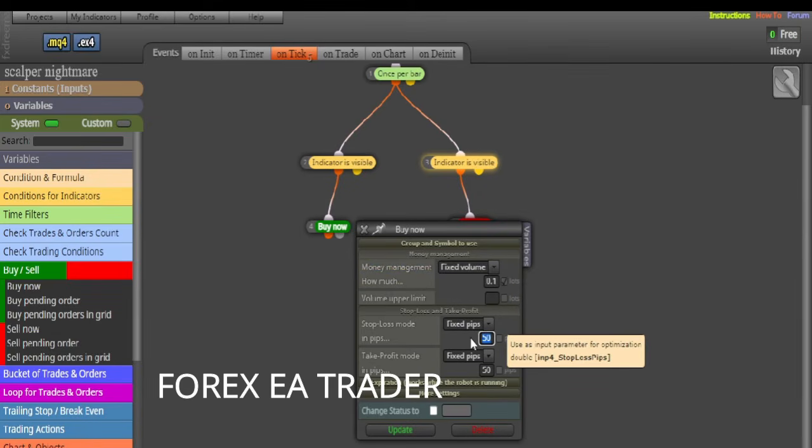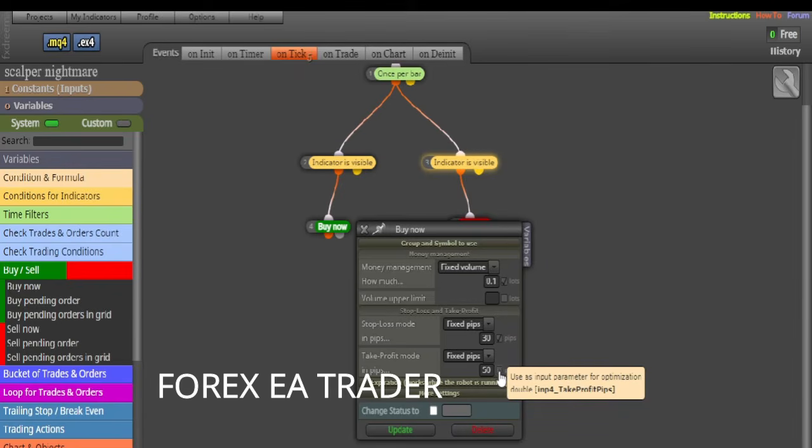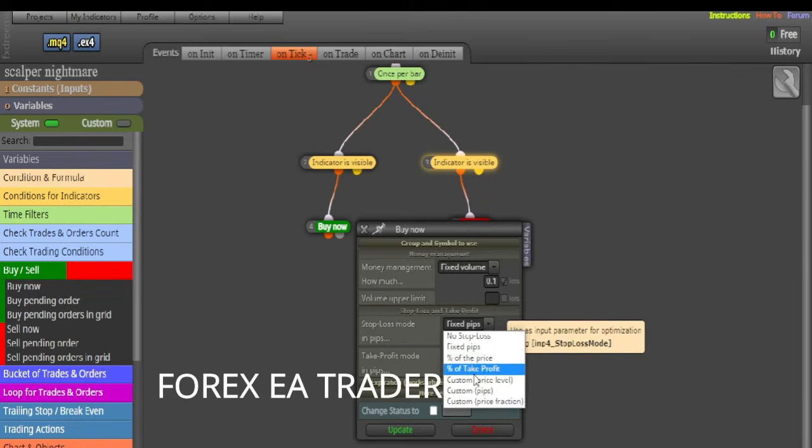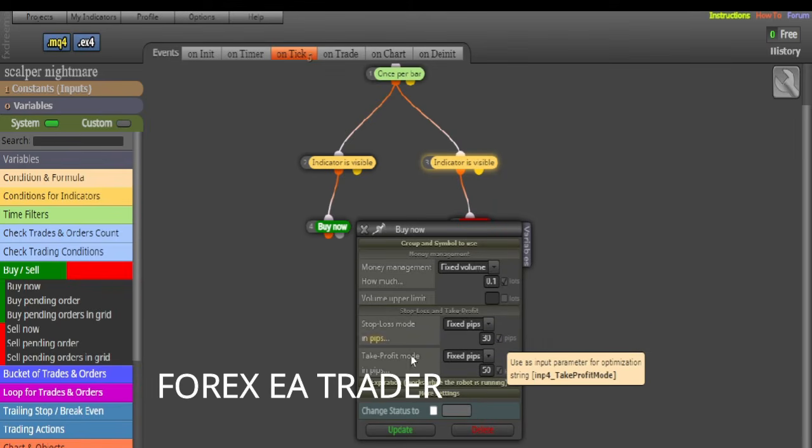Here you can set the stop loss, maybe 30 pips. We can just tick that and tick that, so that we are able to fix these things in MetaTrader 4 without coming back to Fxdreema. You can basically use pips, or you can use all these other conditions. It's up to you how you actually trade.